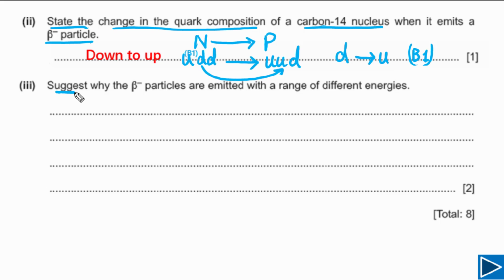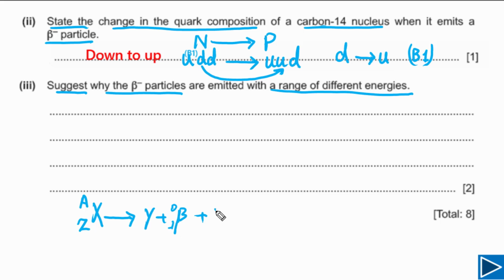For the last part, the question is asking us to suggest why the beta minus particles are emitted with a range of different energies. Let's try to understand this with the help of beta minus decay. Let's say we have nucleus X, it decays into nucleus Y by emitting a beta minus particle and an electron antineutrino.